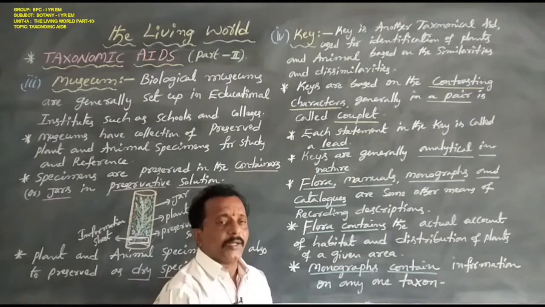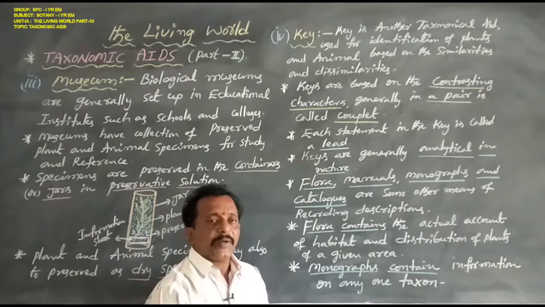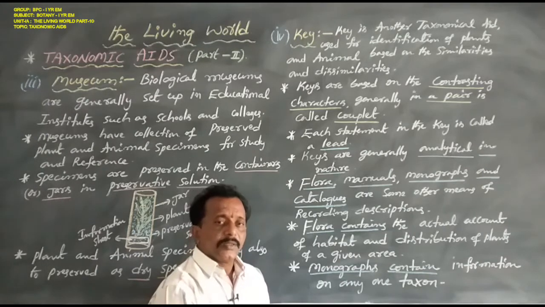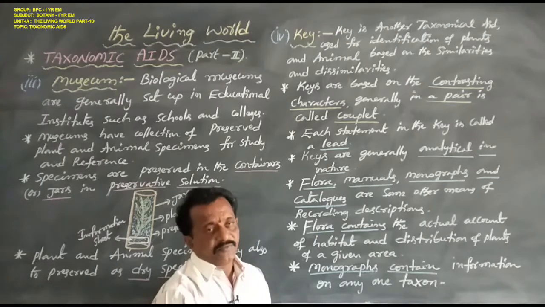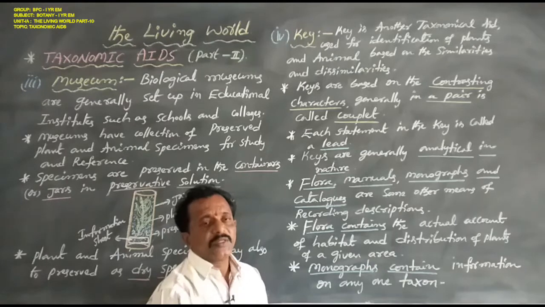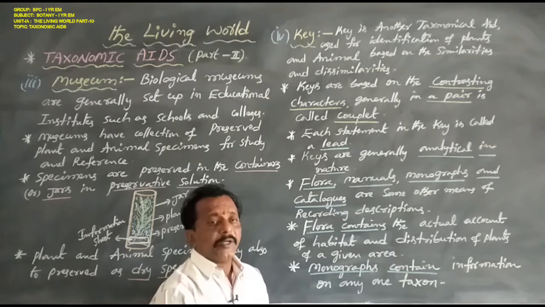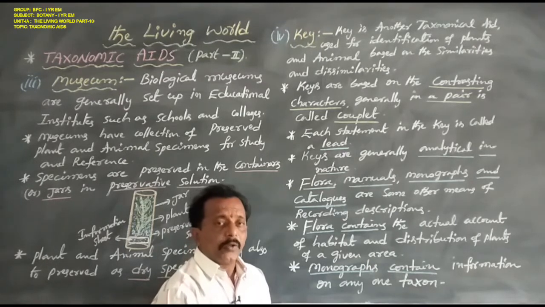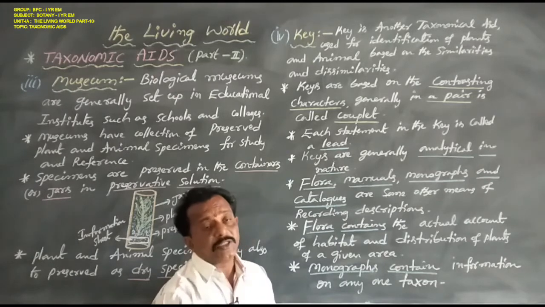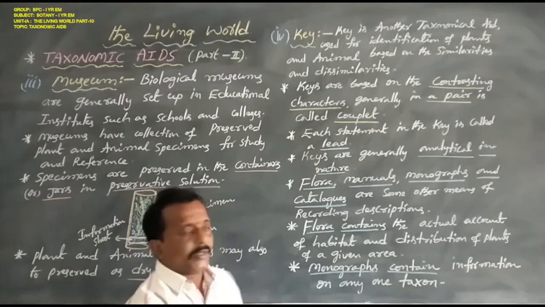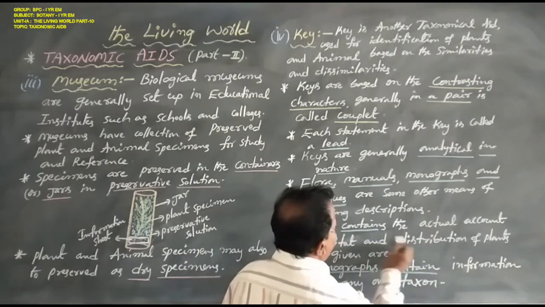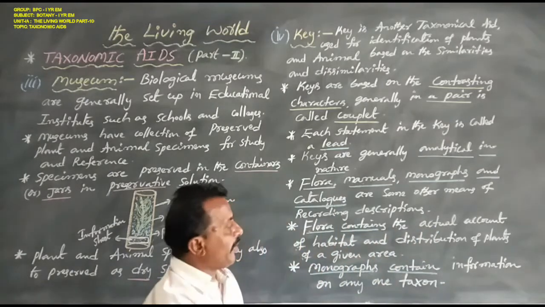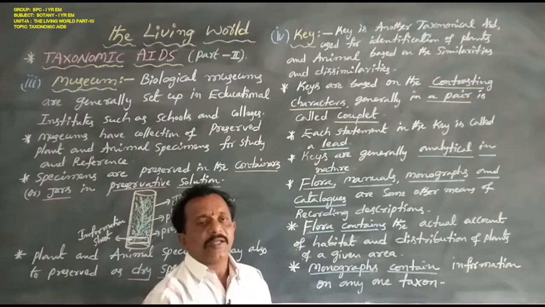So every flora provides some district information. For example, the Nalgonda flora book only describes the Nalgonda district plant specimens. Flora contains the actual account of habitat and distribution of plants of a given area.